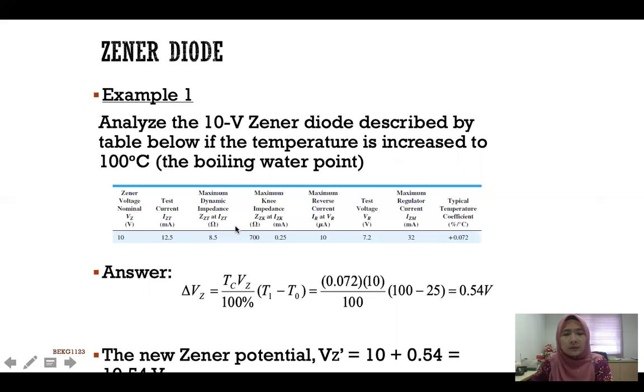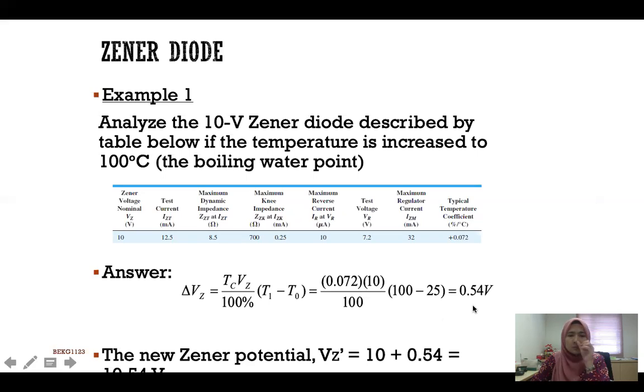you can calculate for the delta Vz, meaning the change in the Zener voltage. Okay, delta Vz is the change in the Zener voltage. So this is the formula. Just put in the values. You will get the change of Vz is 0.54 volt.